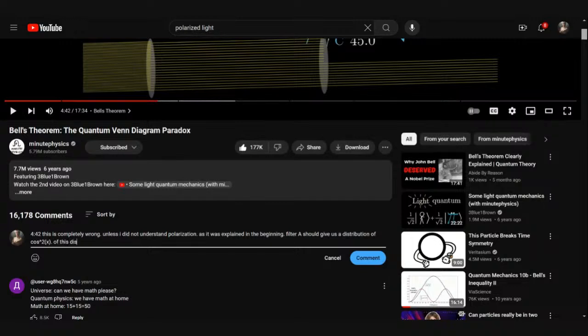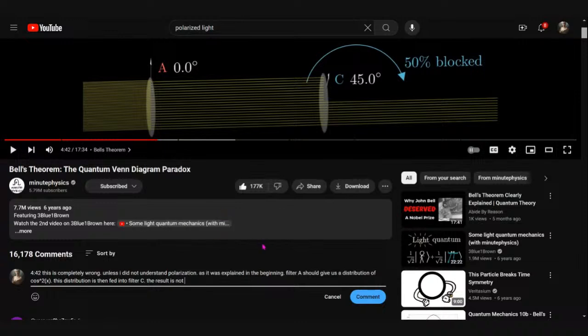This distribution is then fed into filter C. The result is not 50%.